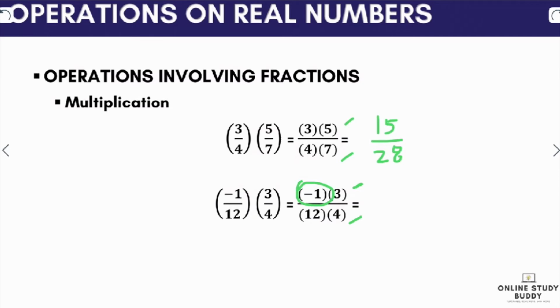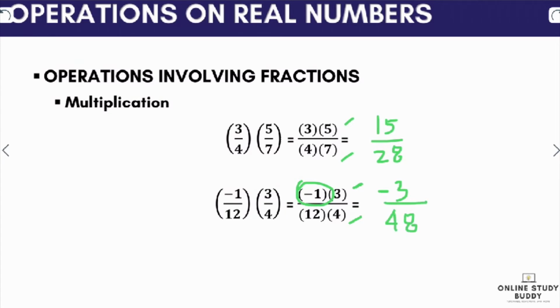So in this case, we have negative 1. So dito sa numerator, mag-a-apply yung rules natin for multiplication involving negative numbers. So if we have negative 1 times 3, yung result natin will be a negative number. So we have negative 3 all over 48.